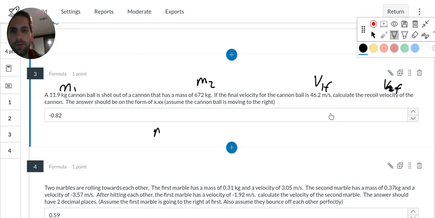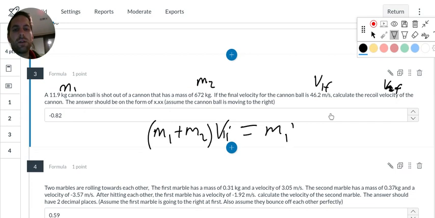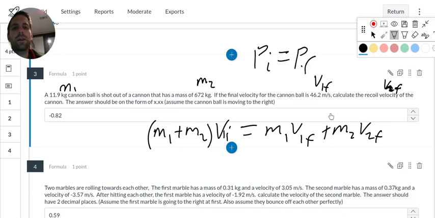So we'll have M1 plus M2 times V1 initial, which is going to be the same value for both because they're both at rest. That's going to equal M1 V1 final plus M2 V2 final, because P initial equals P final. So I'm plugging my values.